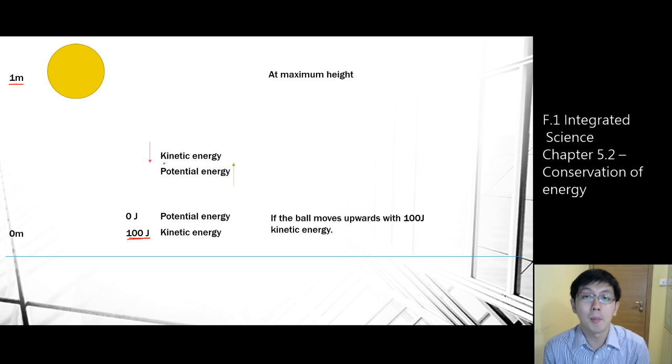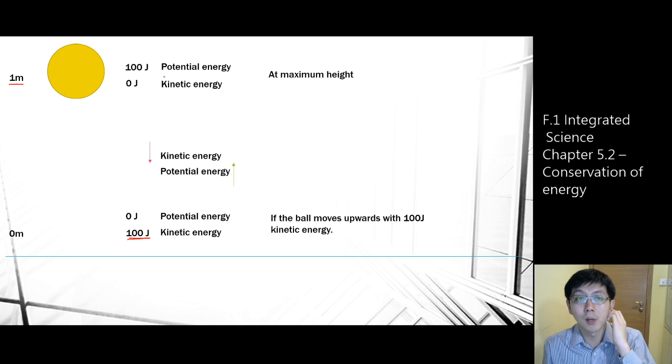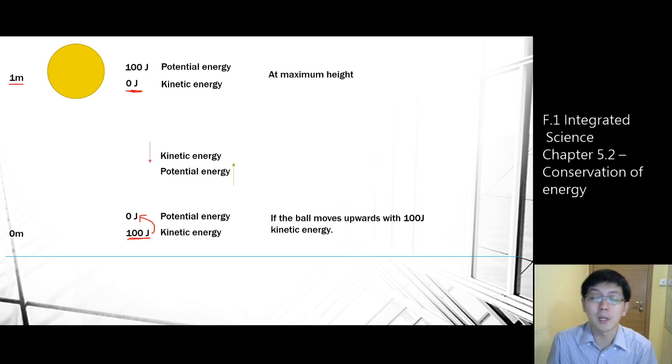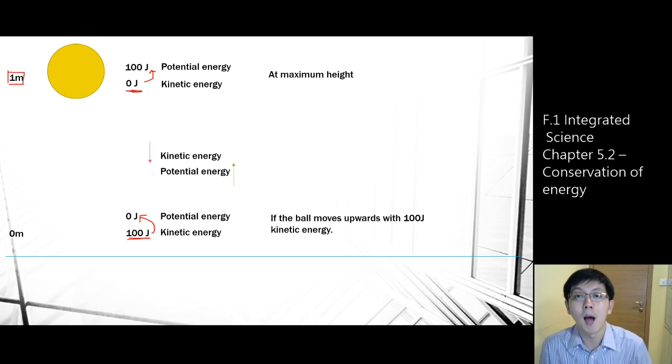At maximum height, it will have 100 joule potential energy. All of the kinetic energy will be converted to potential energy. So at most, if all of the kinetic energy is converted to potential energy, it will gain 100 joule potential energy again, and the ball reaches 1 meter above the ground.